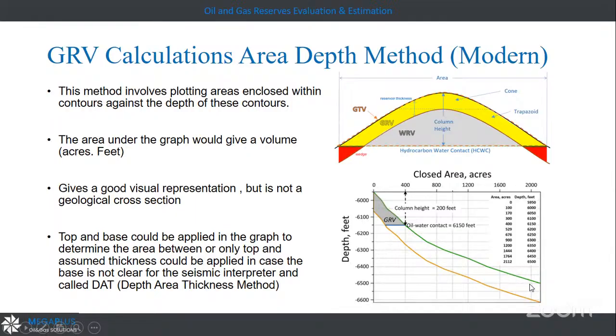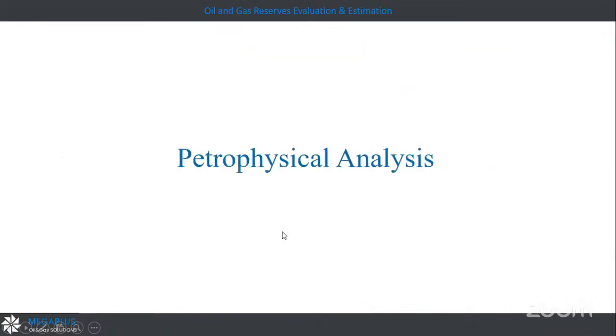So we can get the top and the base, and if we cannot interpret the base, like in many fields, we have uncertainty. So we can put the top and a constant interval like 30 or 40 feet, or 20 to 100 feet anyway. So we have a top and the base, and the difference between them will be the volume. This is about the gross volume estimation methods.